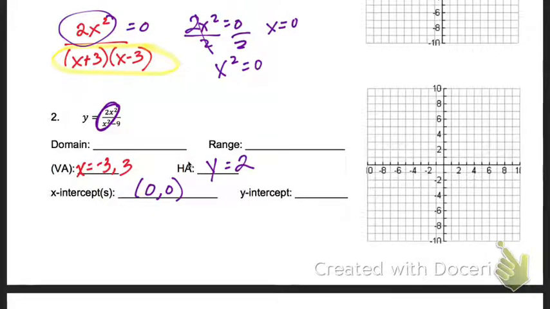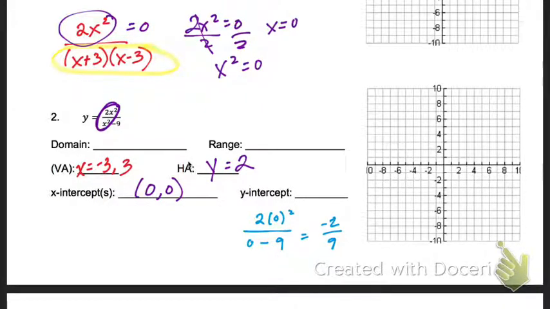And then my y-intercept, what do I do? You just plug in x equals 0. So 2 times 0 squared over 0 minus 9. Or you could do 0 plus 3, 0 minus 3. Either one. You get negative 2 ninths.